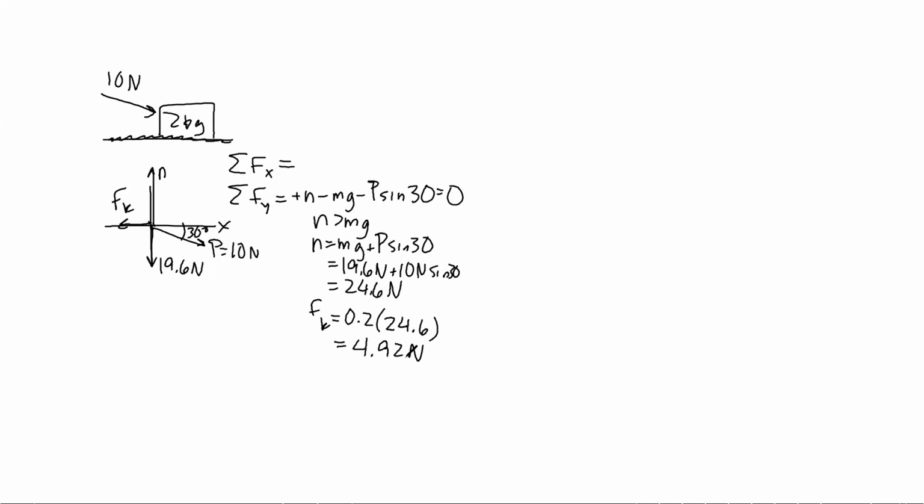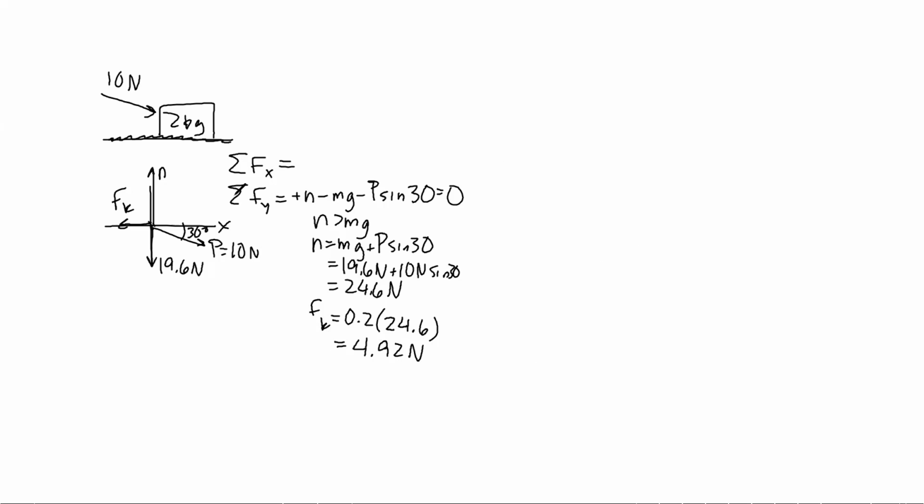Yeah, 4.92 newtons. So there's actually two things going on in this example. If we're comparing the acceleration in this example to the previous one, not only does this calculation show we have a larger friction force, but also the effective push, which causes the acceleration, changes.